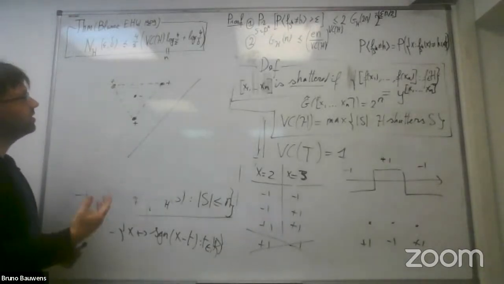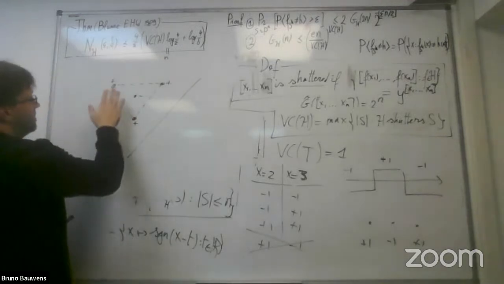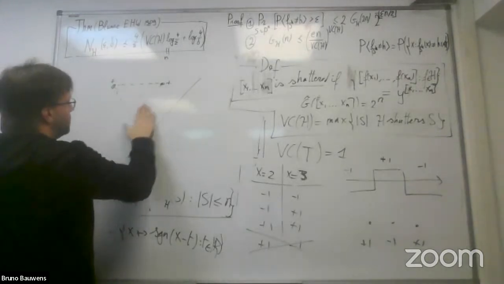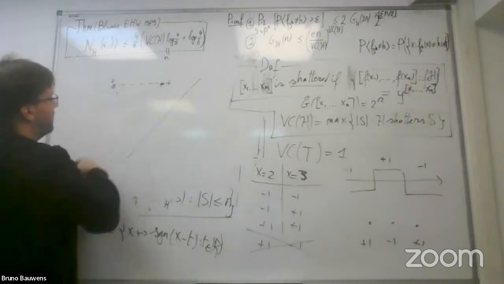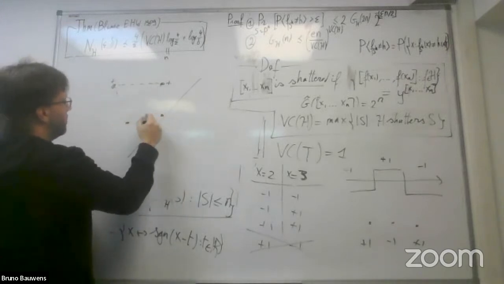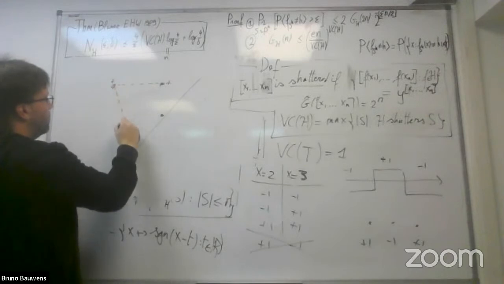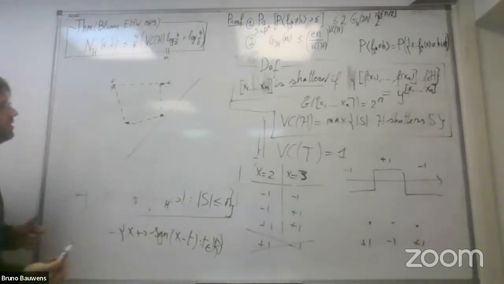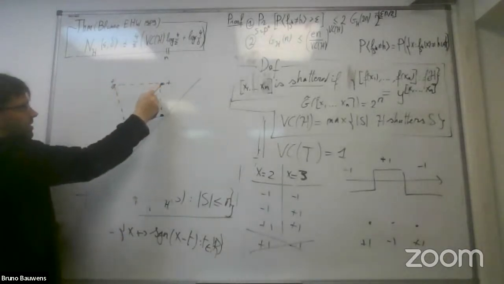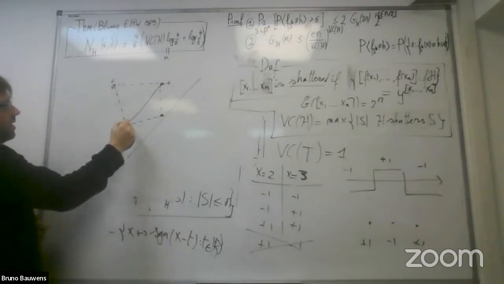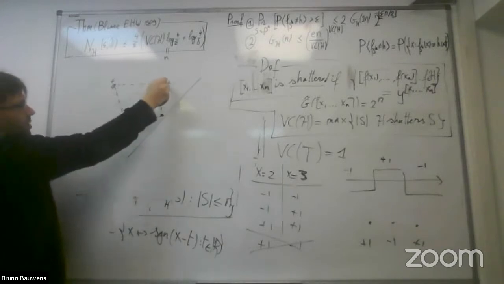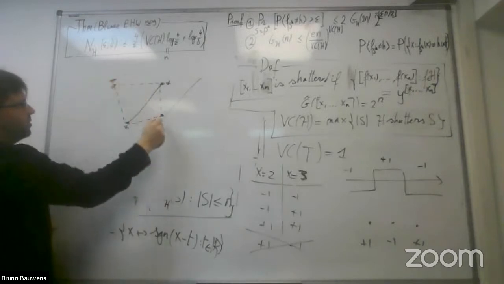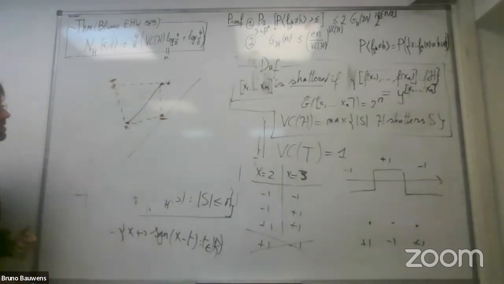Okay, and then the other case is that none of them is inside. So 4 points, and none of them is in the convex hull of the other ones. So what will we do then? Let's look at the diagonals. 2 points on one diagonal will be plus, and for the other diagonal, we will use minuses.